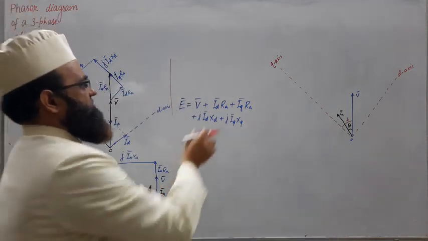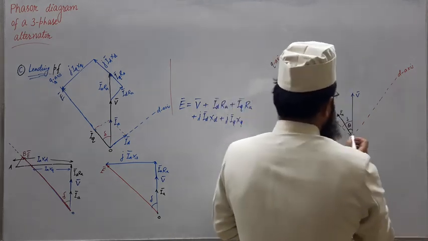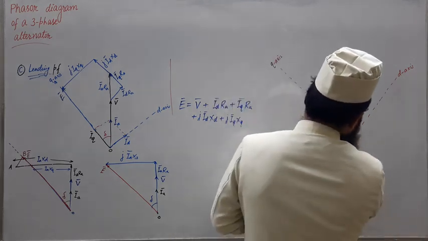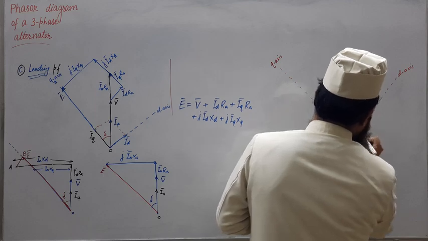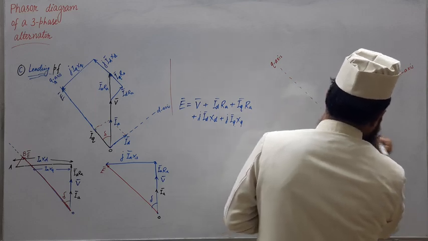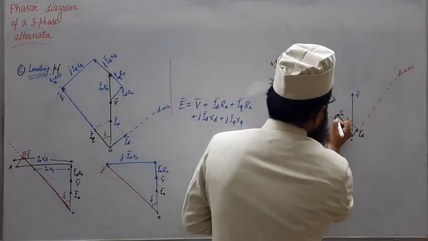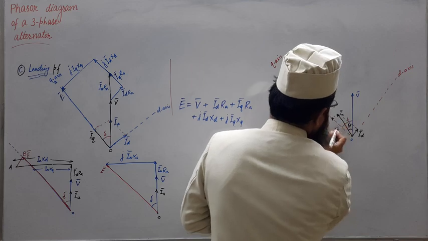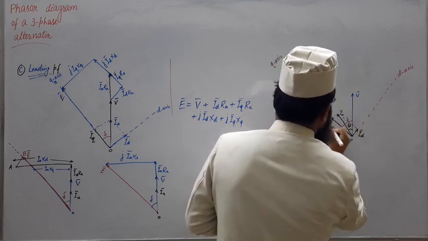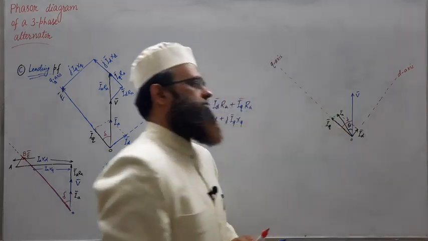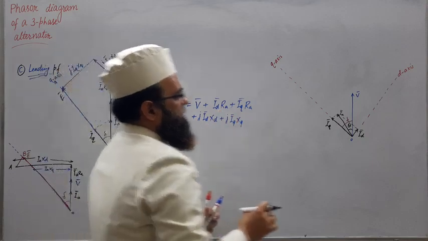Now we have to add the drop ID RA. So first write the components of IA along D. This is ID, the projection of IA along the D axis, and this will be IQ, the projection of IA along the Q axis. Now the ID RA drop will be along ID.